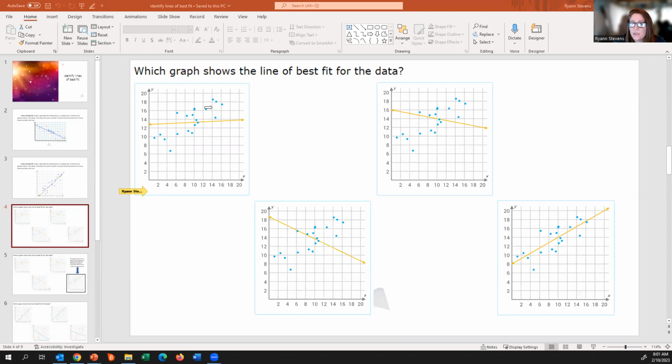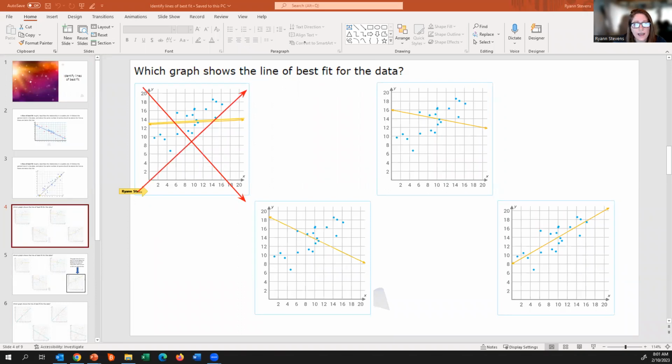The data seems to be increasing, and it seems to be increasing at a much more rapid rate than the line of best fit is showing us. The line of best fit is, in this case, kind of a flat line that doesn't seem to go through all of the data. So we can say this is not going to show us the line of best fit for this data.